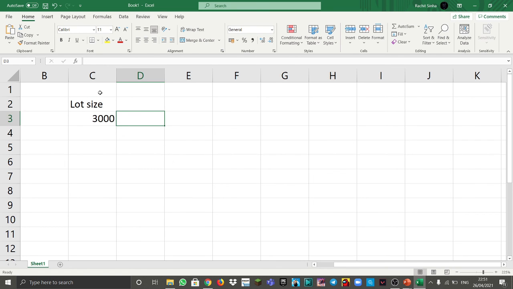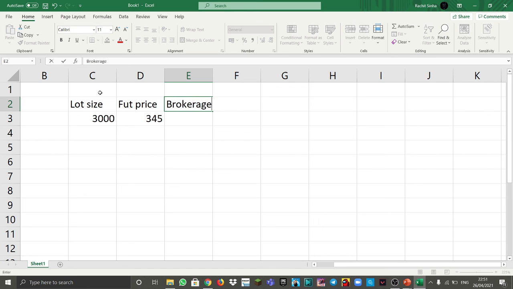Let's say State Bank of India is trading at 345. That's the future price. Brokerage is 0.25%.